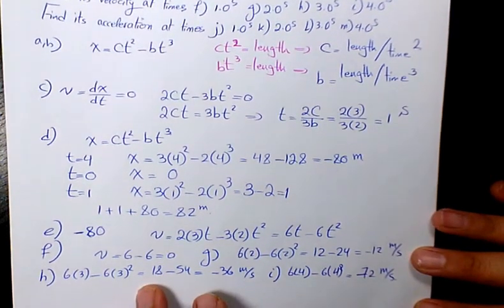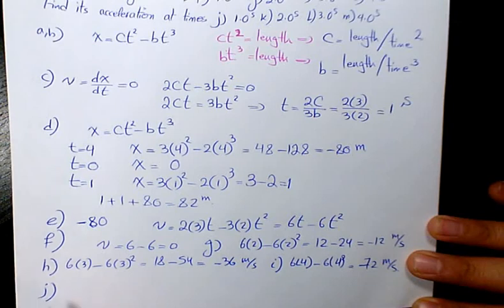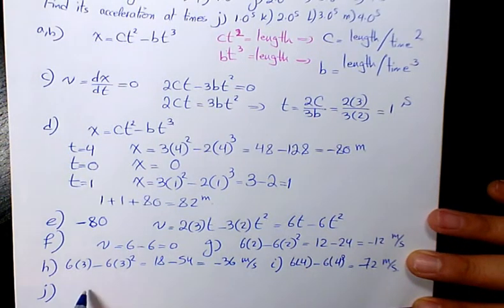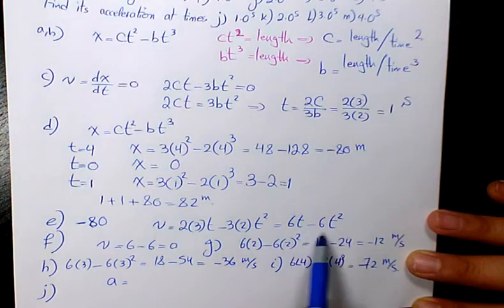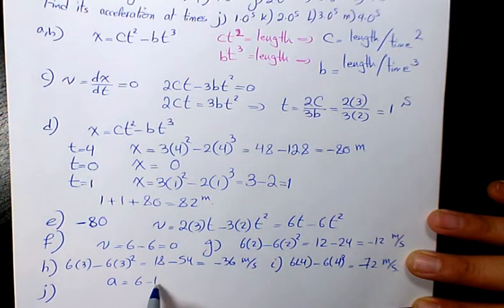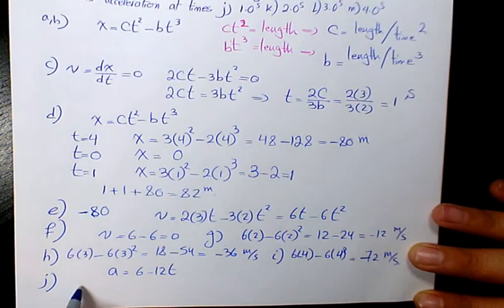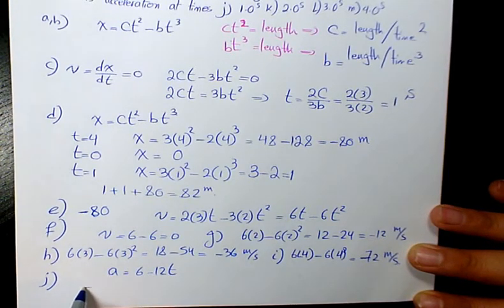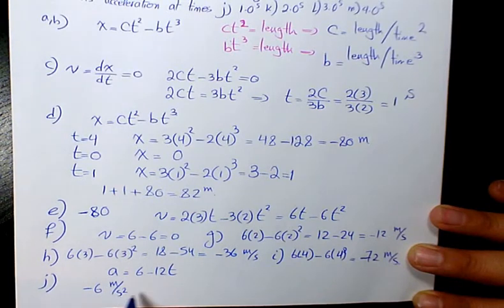And in part J, we need to find the acceleration. It's going to be the derivative of the velocity function, which is 6 minus 12t. The first one, J, when you sub 1, is going to be 6 minus 12. This is going to be negative 6 meters per second squared.